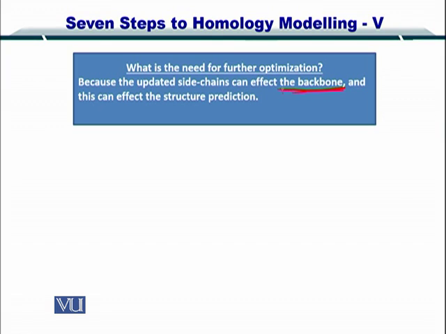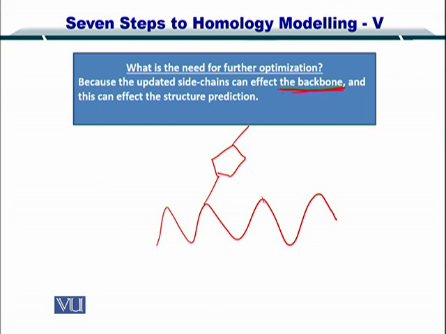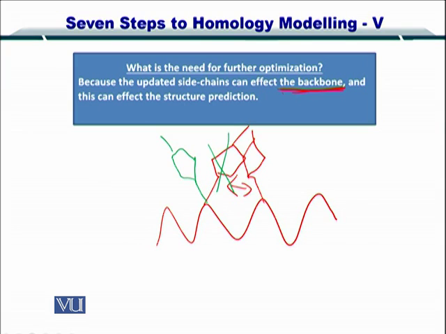For instance, if you have interaction between two rotamers, then this needs to be optimized by shifting one rotamer to the other conformation and removing this one. This is the optimization part.